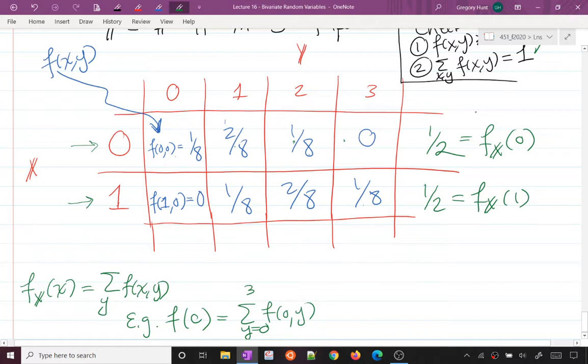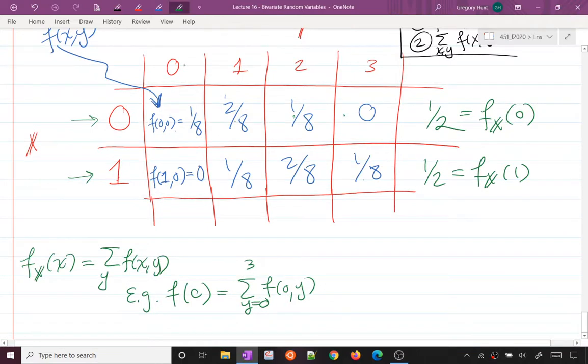So this is a very classical way that people originally derived these things, and the terminology kind of stuck. For discrete random variables, you could write them as tables, and you could derive the marginal distributions in the margins. And if I want the marginal distribution of y, I can play the same game, but now I'm going to sum across columns. So f y, let me pick a different color here. Let's go with black. F y of 0 is 1/8. Sum across this, 3/8 will be f y of 1, right?